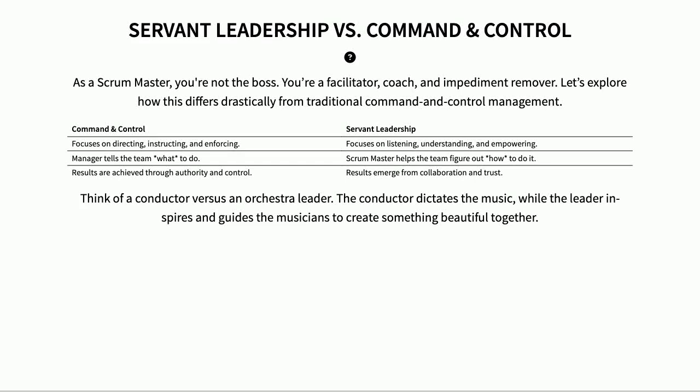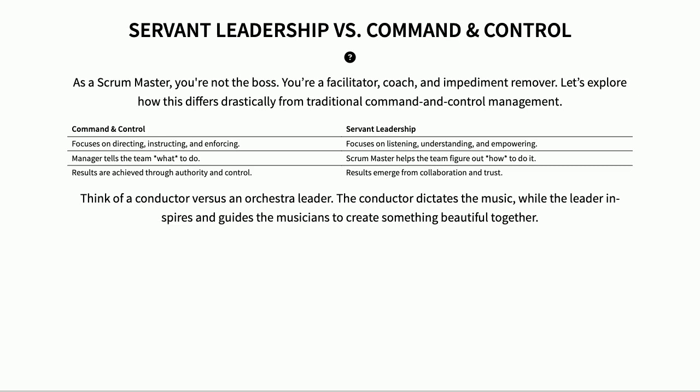Okay, let's talk about how Scrum Masters approach leadership. It's really different from the traditional way things used to be done. The core difference lies between command and control and servant leadership. In a command and control style, the manager is telling everyone exactly what to do, expecting obedience. As a Scrum Master, you're there to remove obstacles, not dictate tasks.